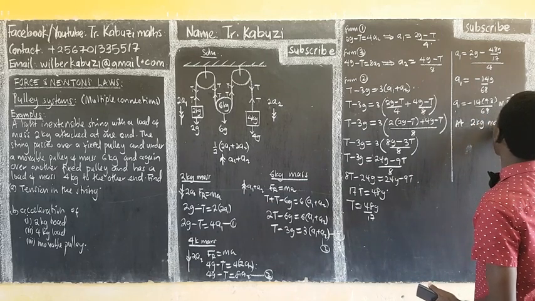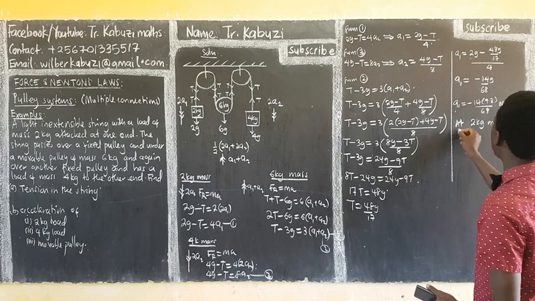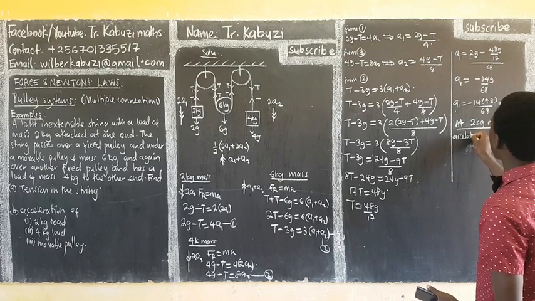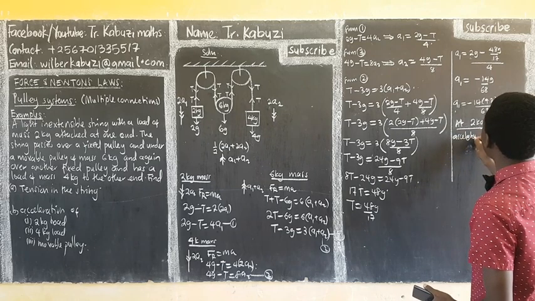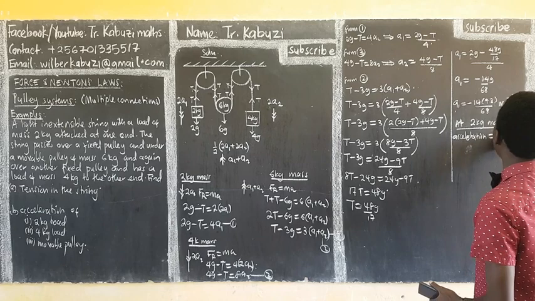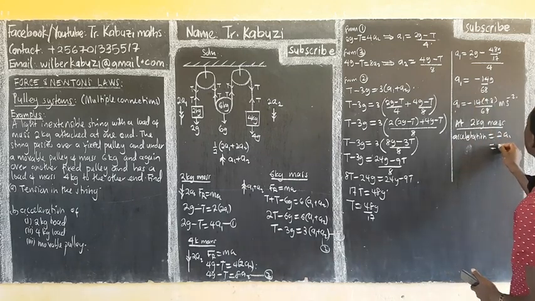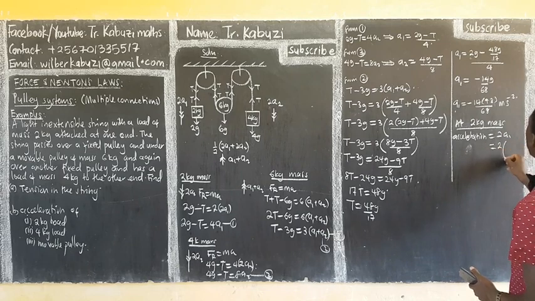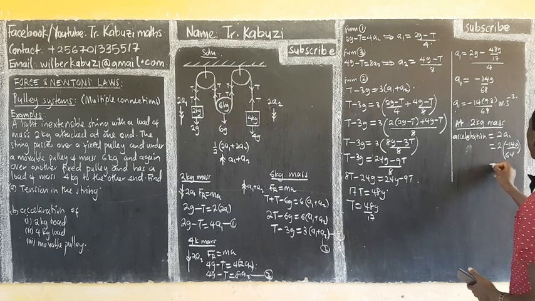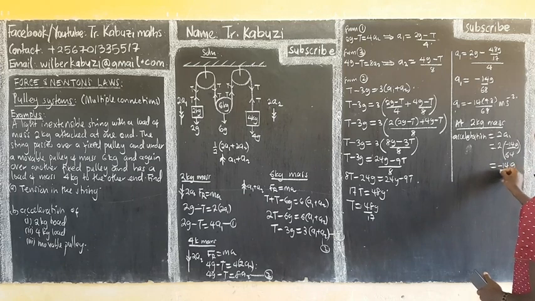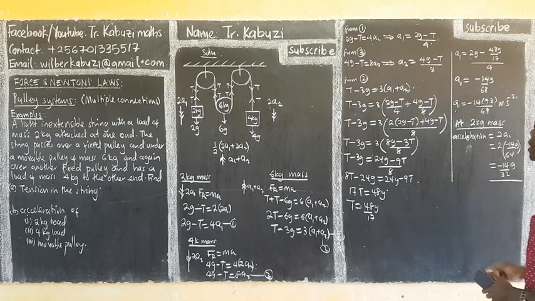Our acceleration is going to be 2A1, which will be, when we get now our A1, 2 into negative 14d over 64, which will be negative 14d over 32. So that will be the acceleration there, which we can simplify.